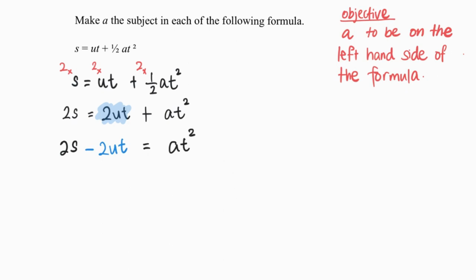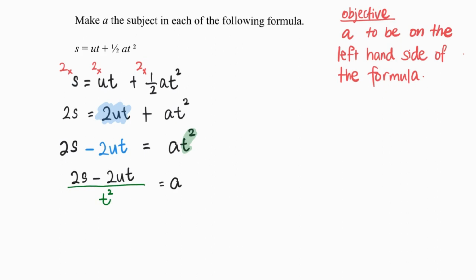And I'm going to divide by, this is a times t squared, so I am going to divide by t squared on both sides. So that you will see this.